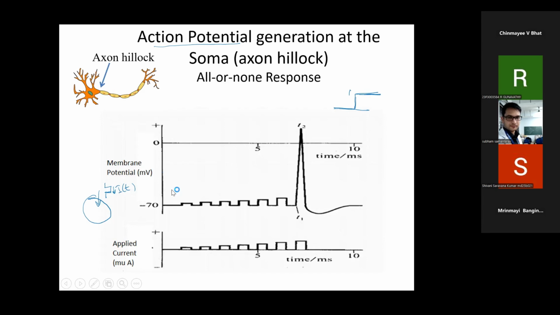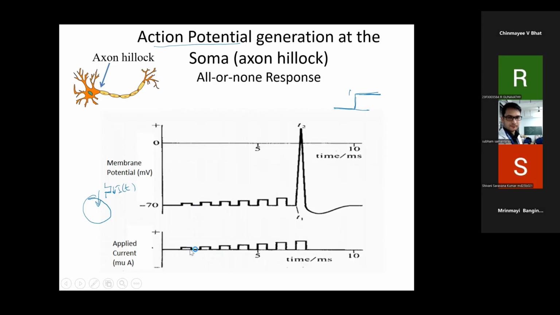If the current amplitude crosses some threshold, that's when the action potential is generated. So suppose I give a small current. See, this plot shows the input and output, or the stimulus and the response. In the bottom, we are seeing the input current amplitude, and on the top you are seeing the voltage response.